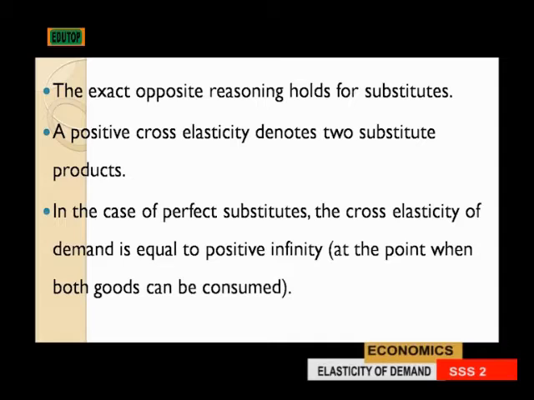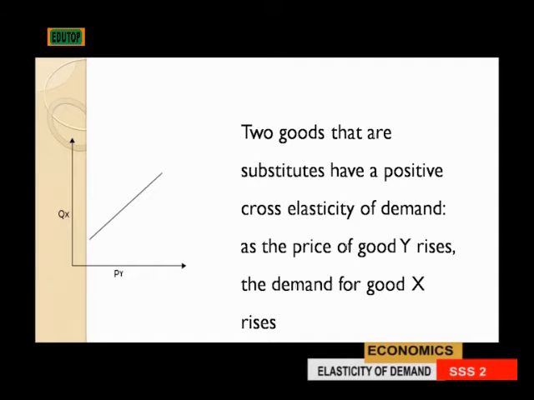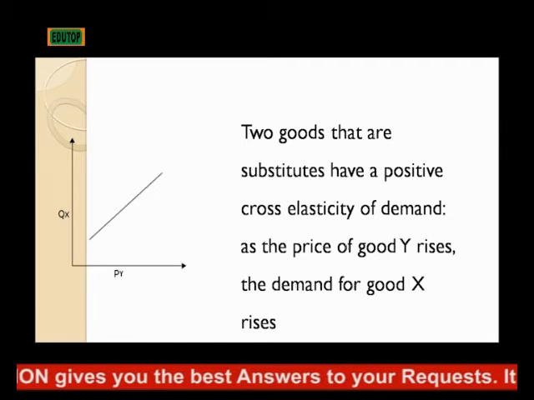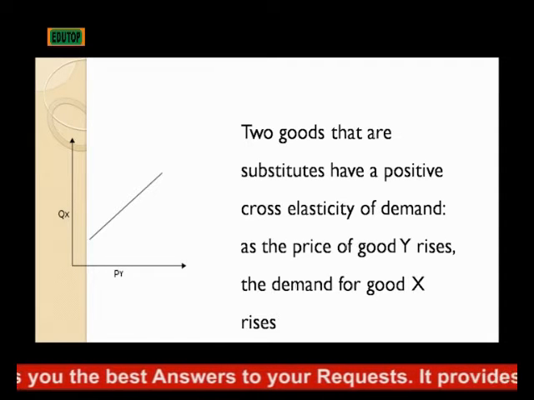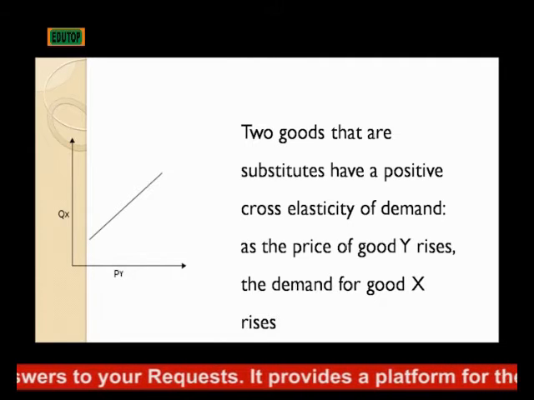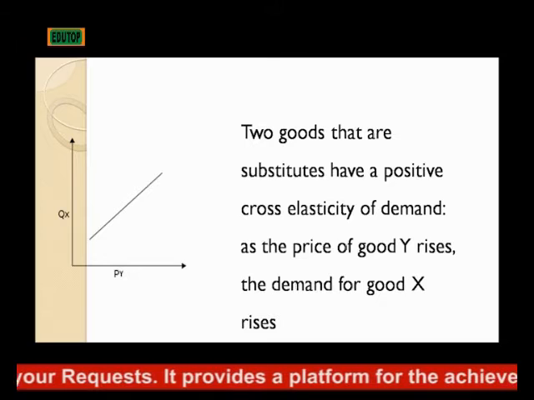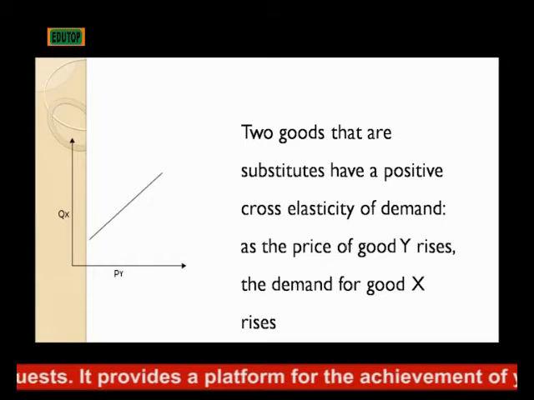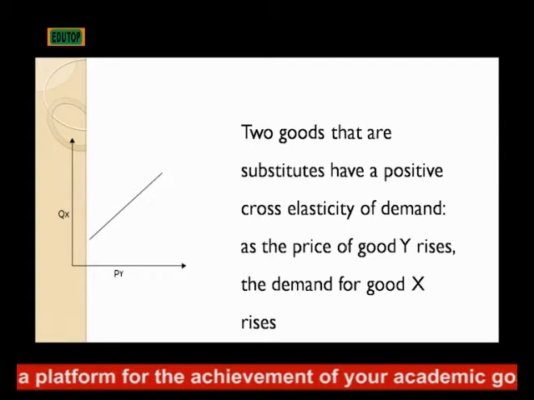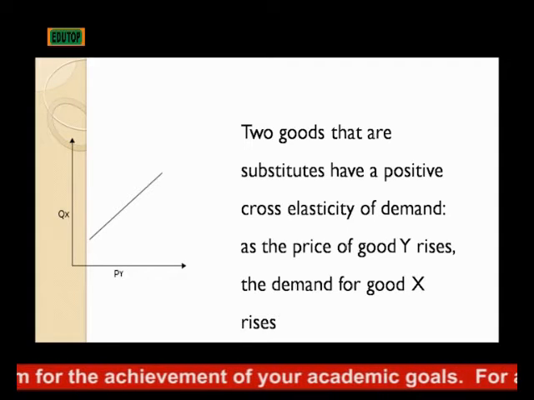For example, take two substitute goods like Milo and Bonvita. An increase in price of Milo will lead to an increase in quantity demanded of Bonvita, because many consumers will leave buying Milo and shift to buying Bonvita, and that is a positive effect on the other good.